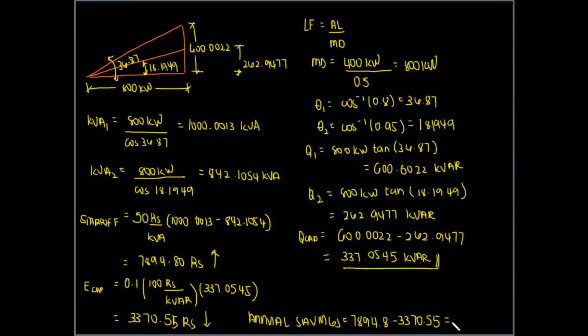That must be 4524.25. So this is again in rupees. So that's now our annual savings after the power factor correction.